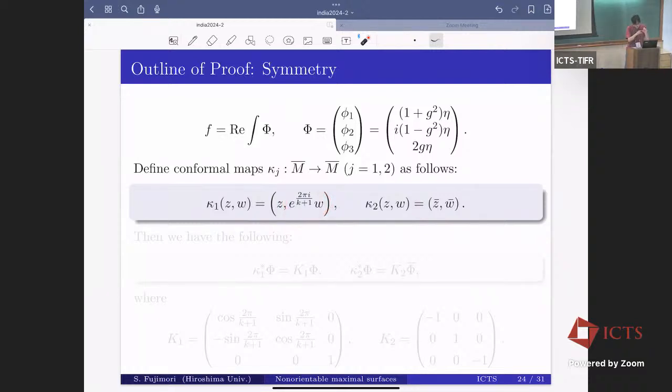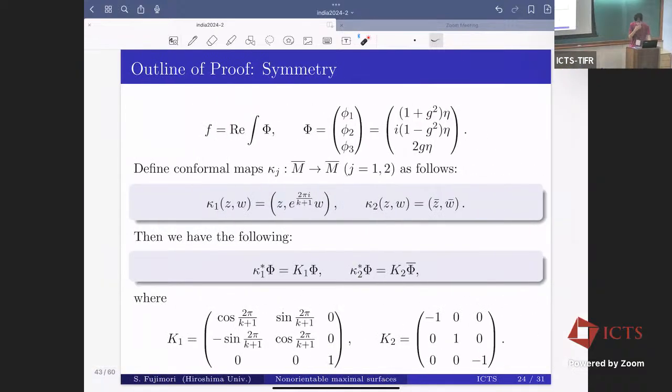So kappa 1 of p is the same point, but on the next sheet. Then we have the following. The pullback of phi is this. The pullback of phi by kappa 1 is k1 times phi, where k1 is this O(3) matrix. Also, the pullback of phi by kappa 2 is k2 times phi bar, and k2 is this.